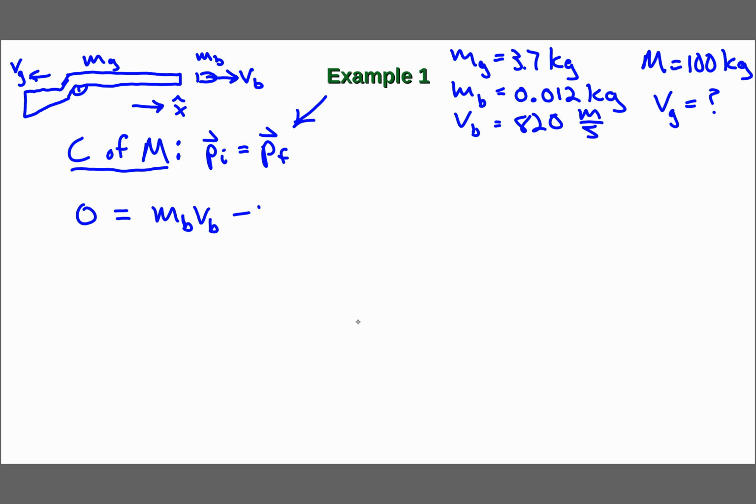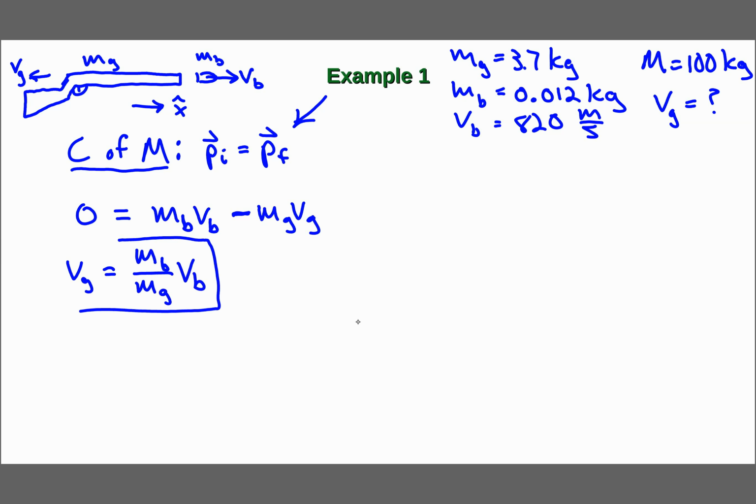And then the momentum of the gun, mg times minus vg, okay? So it's the mass of the gun times the speed of the gun, and then the minus is what turns my speed into a velocity, right? It's in the minus direction, okay? So then the speed that the gun goes backward with is really easy. The speed is mb over mg times vb, okay? So it's the speed of the bullet times this ratio of their masses, okay?